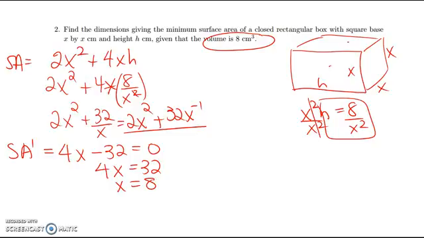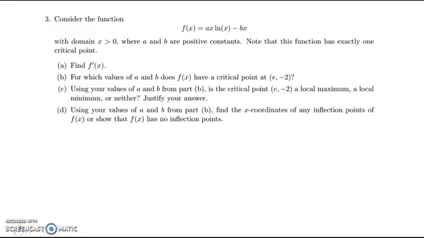Oh, I don't know if that's right. Let's see. So that means this is 8. This would be 64. No, that can't be right with the volume. Okay, this one, Matt, I got to come back to because I really am not sure what to do there. I got to look at it and spend some time, okay?